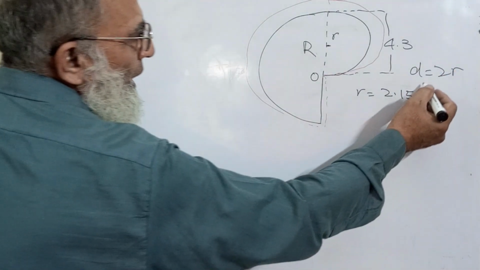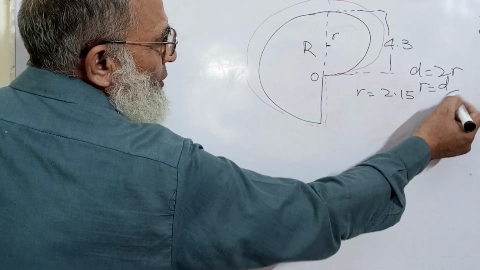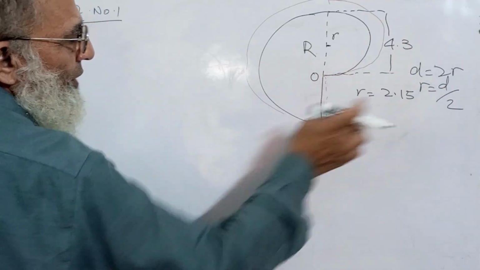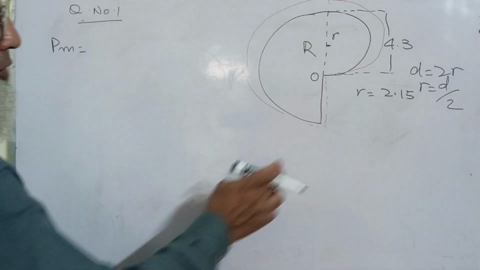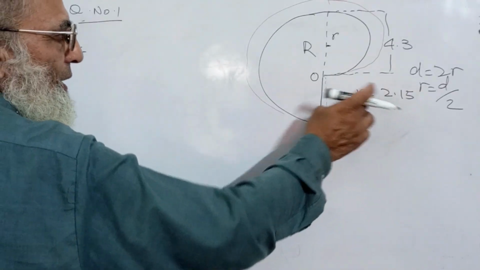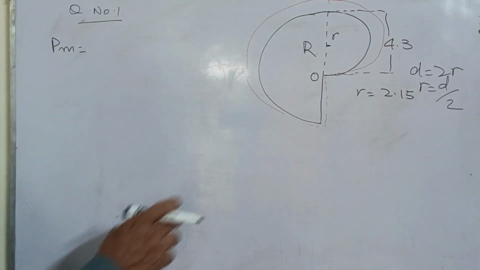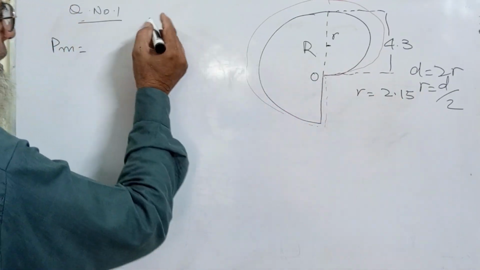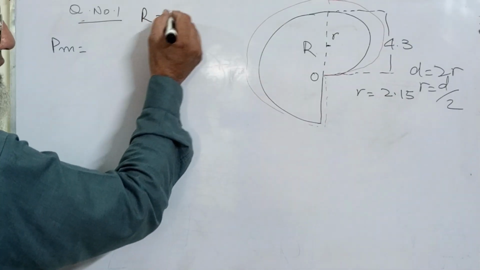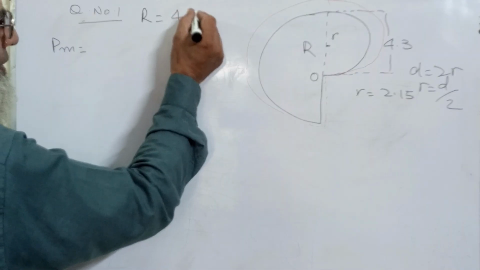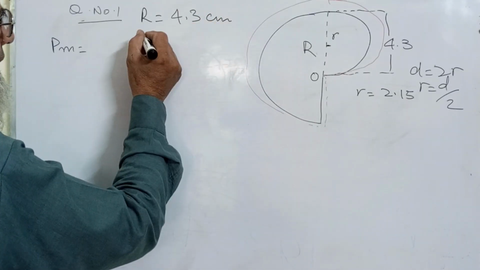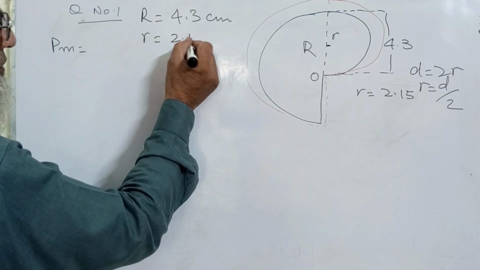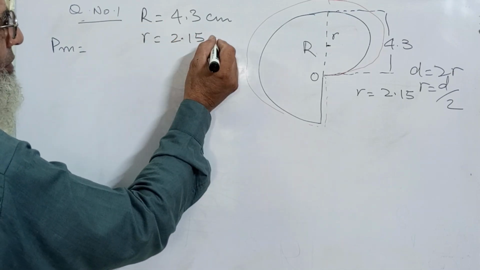When you want to find R, it is D upon 2, so I have just divided the diameter by 2. So the larger R is 4.3 centimeters, and the smaller R is 2.15 centimeters.